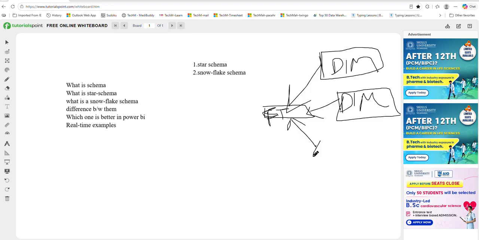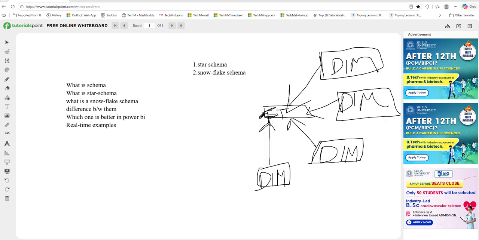Okay, so many more tables will be there. In the example, I will show you only two or three tables, but in the real world we can see many more dimension tables, like sales table or countries table.